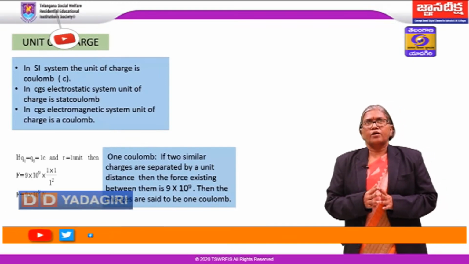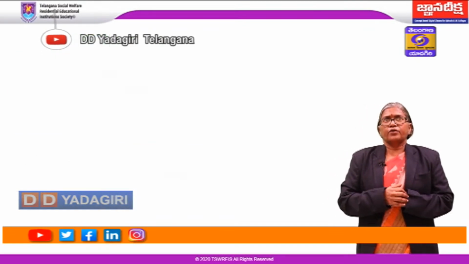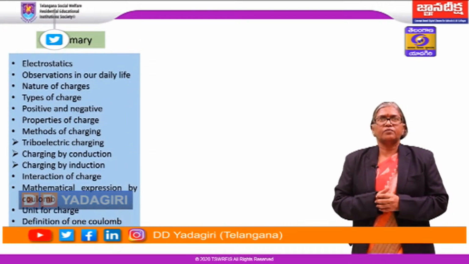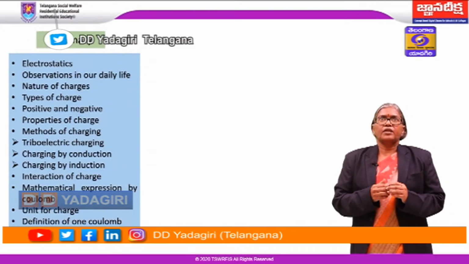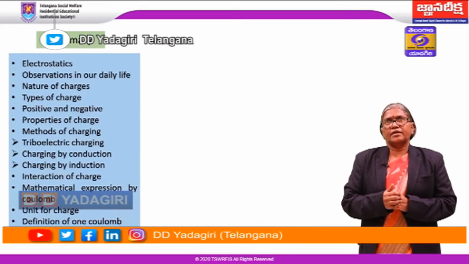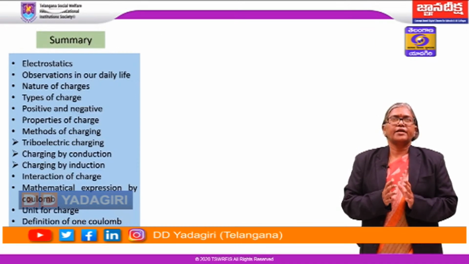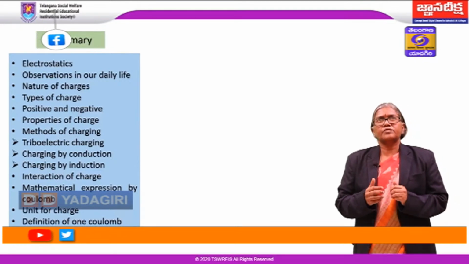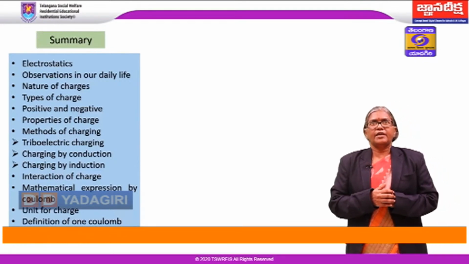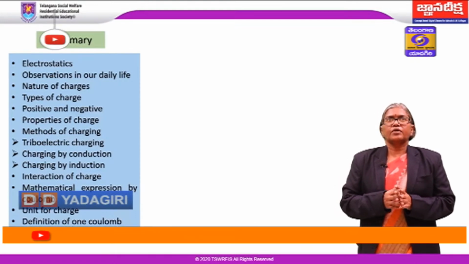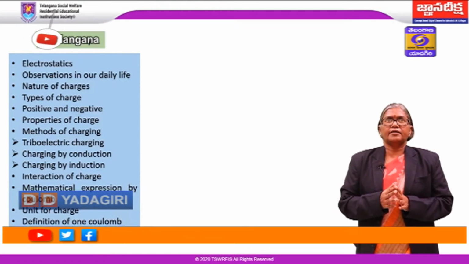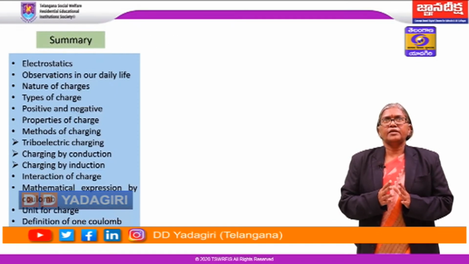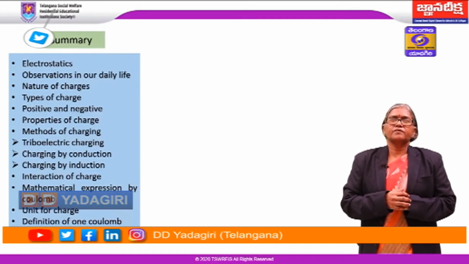Understood, students? Now, from today's session, what did we learn, what knowledge did we gain? We learned what electrostatics is, that is, the study of effects produced by static charges, and some observations we make in our daily life. We learned about the nature and types of charges, positive and negative, and the properties of charges.